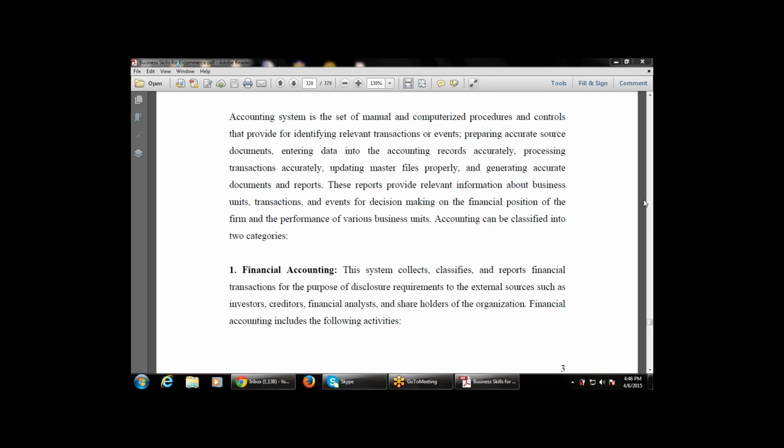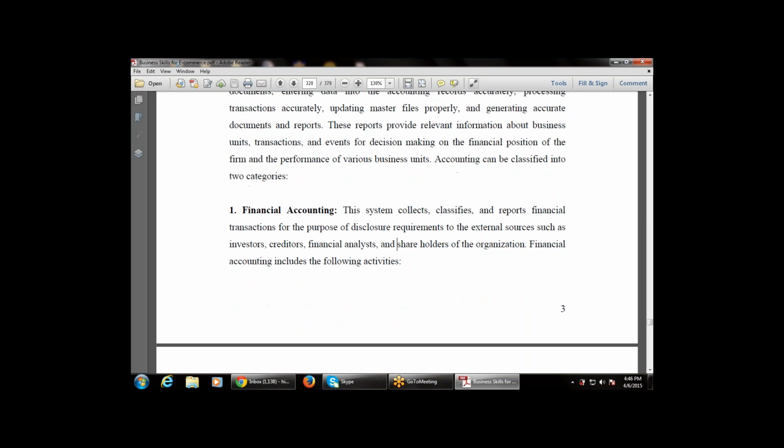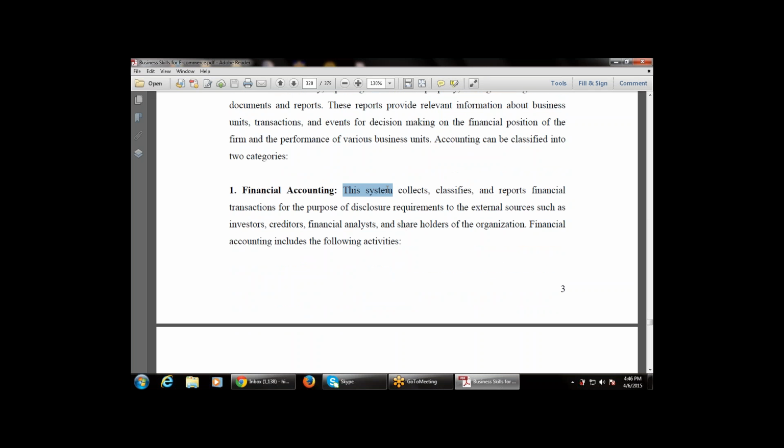Everything that is related to money terms, everything related to finance, comes under financial accounting. This system collects, classifies and reports financial transactions for the purpose of disclosure requirements to external sources such as investors, creditors, financial analysts and shareholders of the organization.